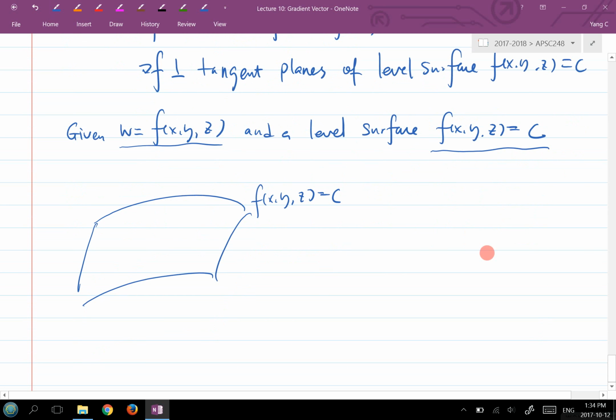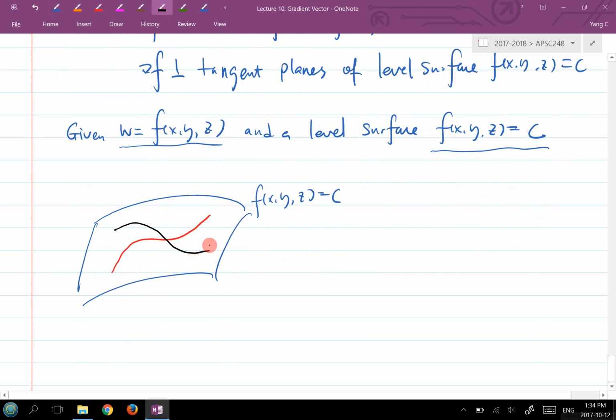Now let's visualize the next thing. If you have a level surface like this, you can construct different curves along the surface. You can have an infinite number of curves going along that surface.